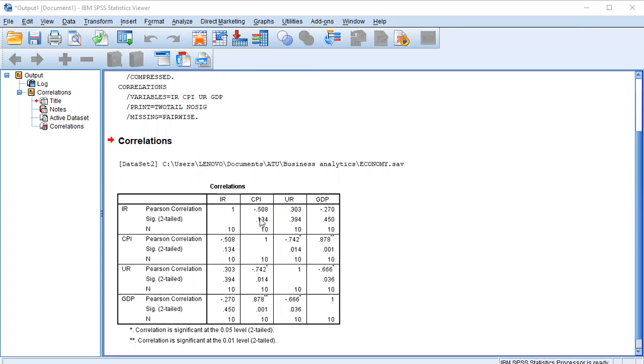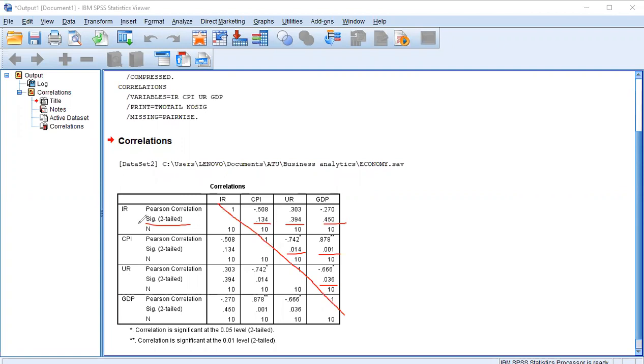So we compare the p-value, which is your Sig. 2-tailed. These are the p-values. Of course, the table has a diagonal, so the other half is just the mirror image of the upper half of the table.